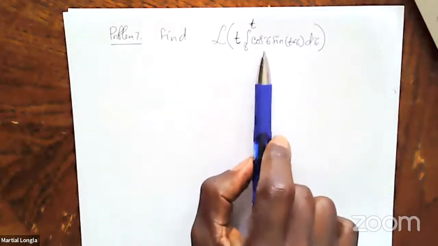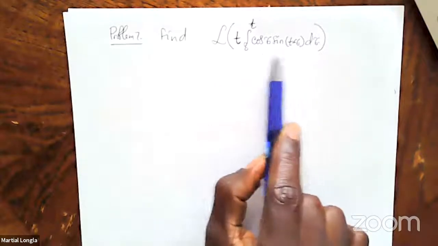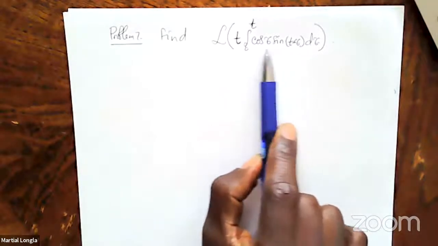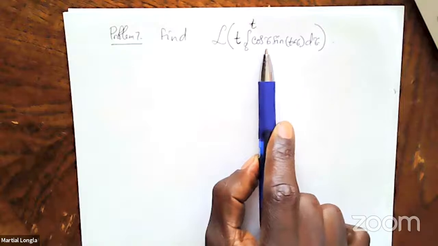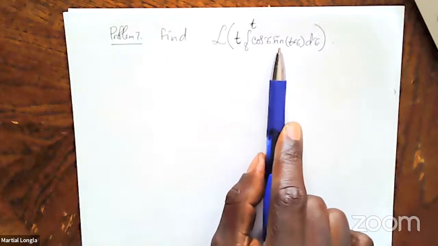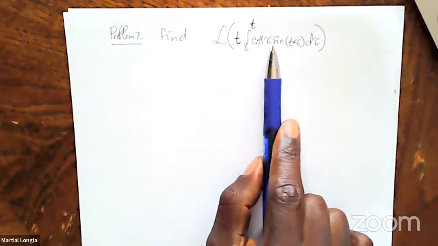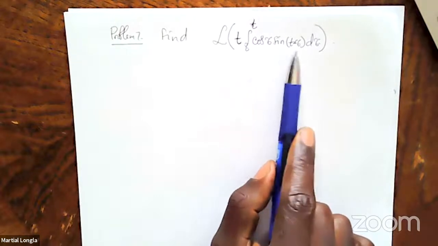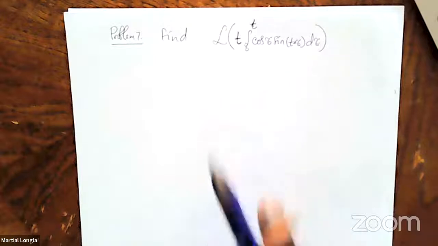Be careful. Look at what is written inside there. That's not a function of tau that is inside here. You have tau here and you have t minus tau there.